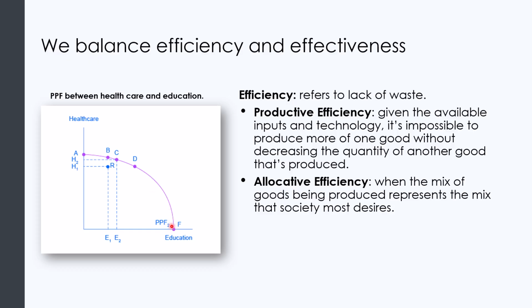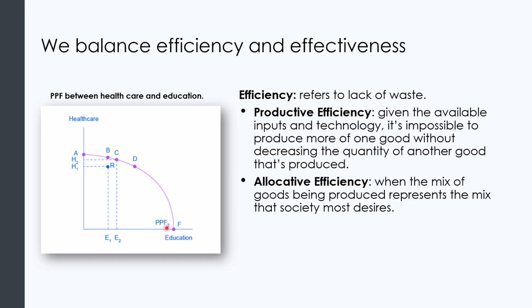But we also want to be allocatively efficient. And that is, we don't just want any combination of goods and services, we want the right goods and services. We want the combination that our society cares about. So we're going to spend time not just using all of our resources, but using them wisely.